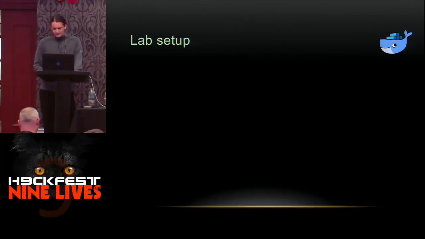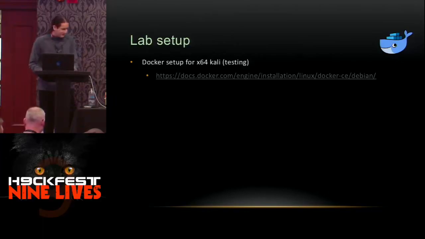So for this setup, I just used a Kali VM because I didn't need stealth. As we learned yesterday, Kali's not stealthy, but it's not required for this case. The easiest way to get it running in a temporary lab, I've found, is to just grab the .deb files and install them. You don't need to mess around with getting the repositories all set up if it's just a temporary testing thing.